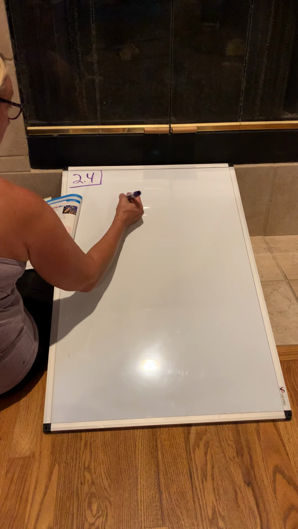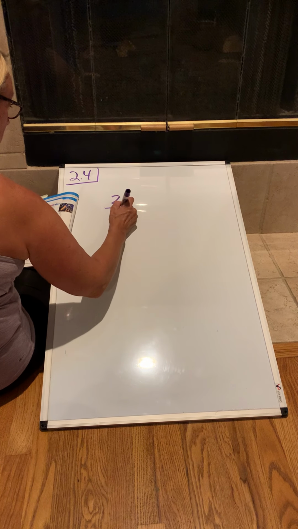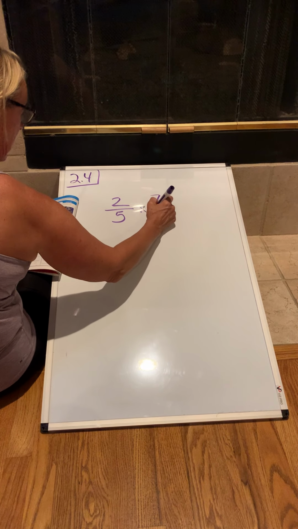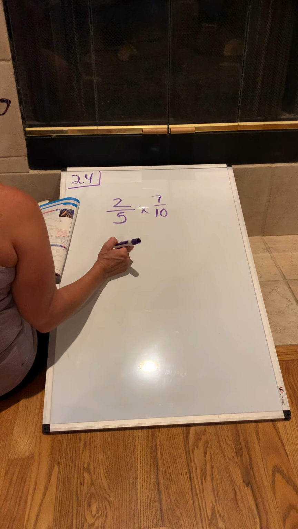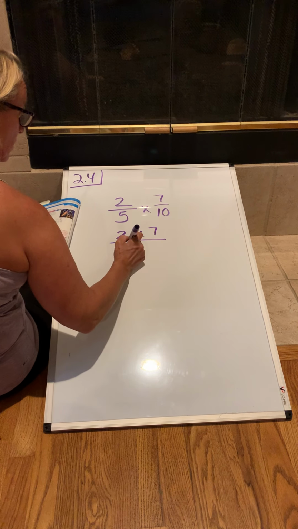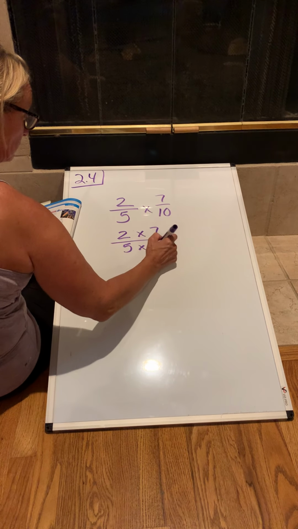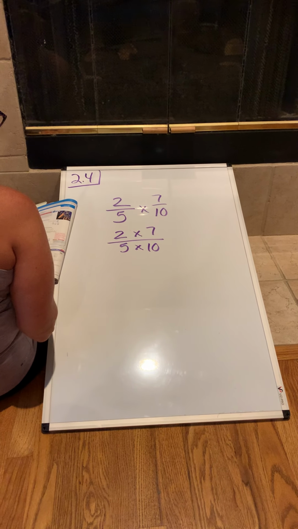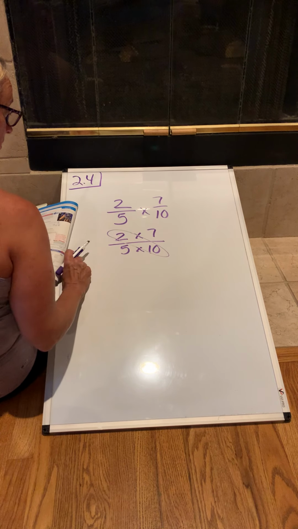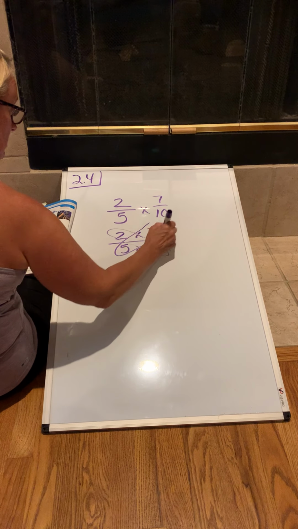So the example in the book, again, same example, 2/5 times 7/10. Okay? We know that that says 2 times 7 over 5 times 10. So what we want to do is look at these two numbers and these two numbers.